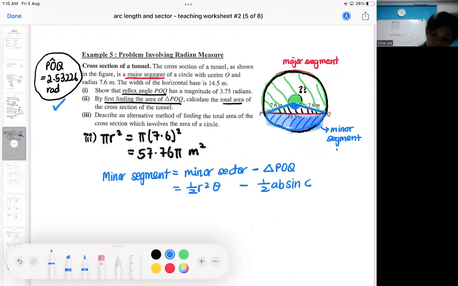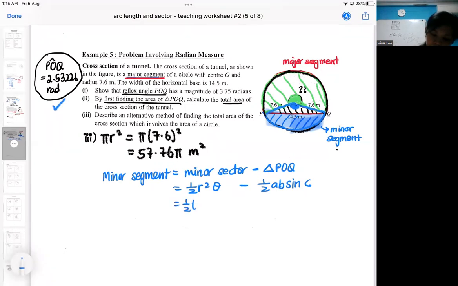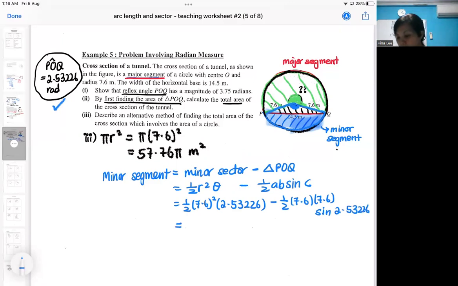So I will be using half r squared theta. And I will be using half AB sine C. So I should sine the same angle. So it looks like a chain, but it's still not so bad.